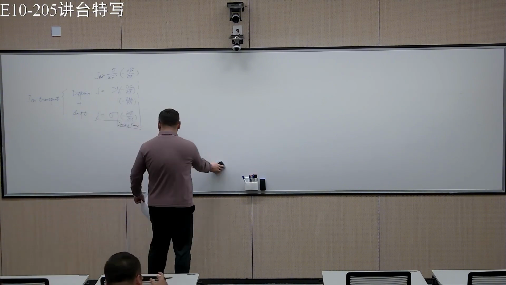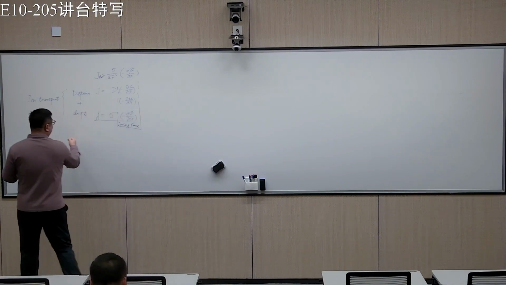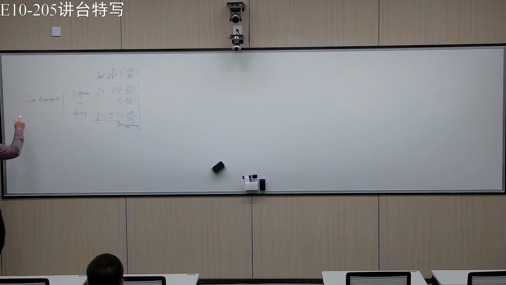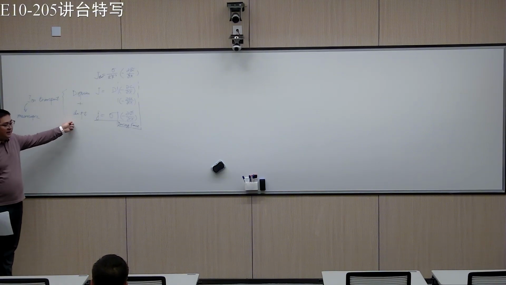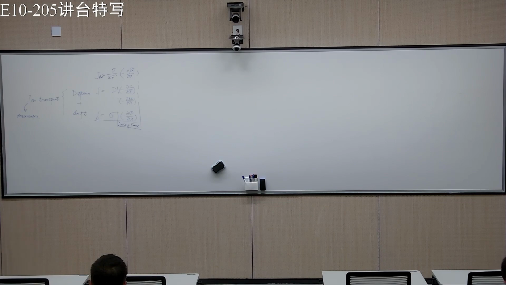Okay, so essentially what we talked about here is the so-called macroscopic picture. Essentially, we are not really going into the details regarding the ion transport, right? I didn't tell you atomistically how the ion diffusion really happens, or what the details regarding the drift are, right?